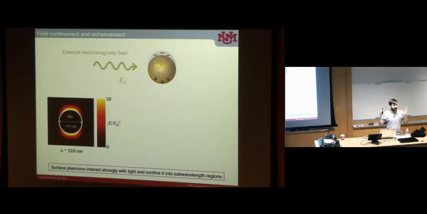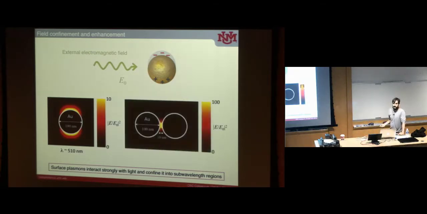Okay, if you think of confining electromagnetic fields using lenses, you are always limited by the diffraction limit. However, here you see we can confine the electromagnetic field in a region around the particle that is of the order of 10, 20 nanometers. And of course, with the strong confinement comes a very strong field enhancement. Here you are having a factor of 10 on the field around the particle, a factor of 10 compared with the plane wave that you are using to illuminate the system.